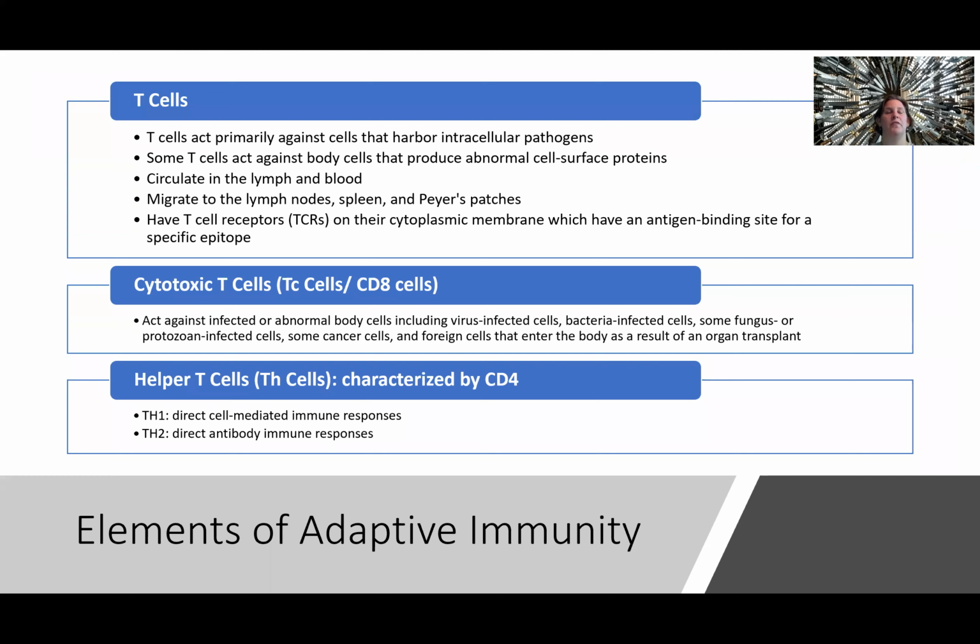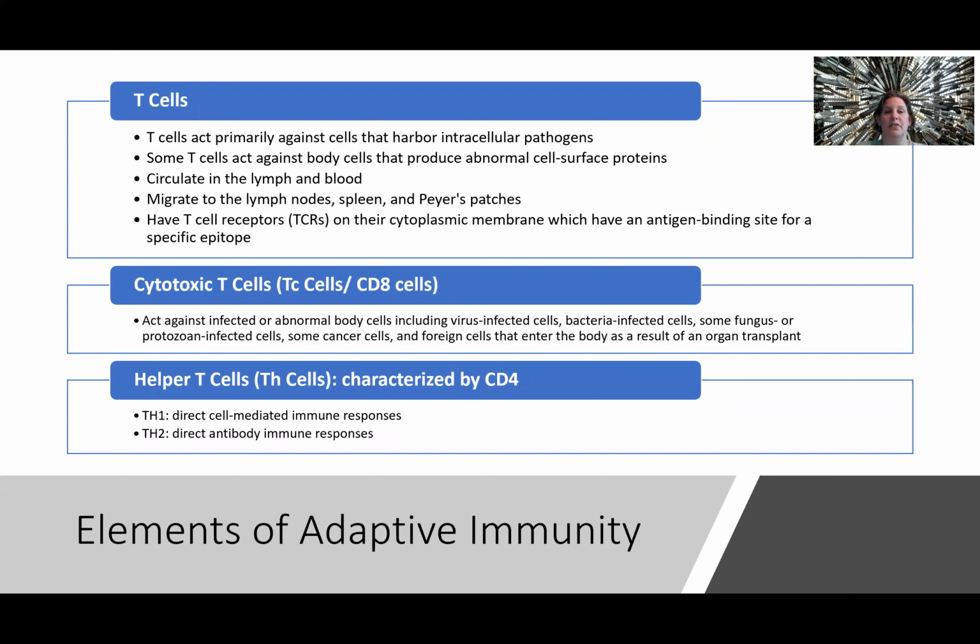Okay, so we've already talked about how our adaptive immunity is mainly composed of B cells and T cells. So let's talk about T cells. Again, they're made in the thymus. They act primarily against intracellular pathogens. They're constantly circulating in our lymph and our blood.